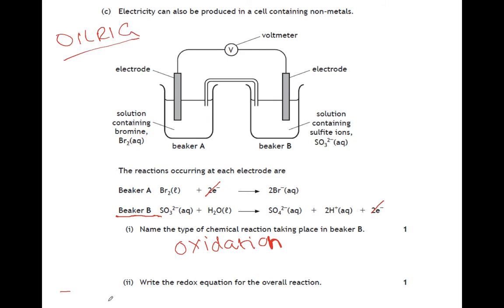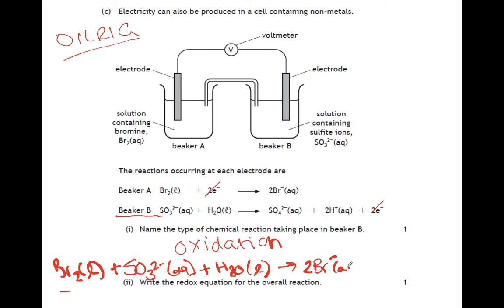So our overall redox equation then would be, and I'm going to write it up here because I've not got a lot of room down here: Br2 plus SO3 2 minus plus H2O gives 2 Br minus plus SO4 2 minus plus 2H plus.